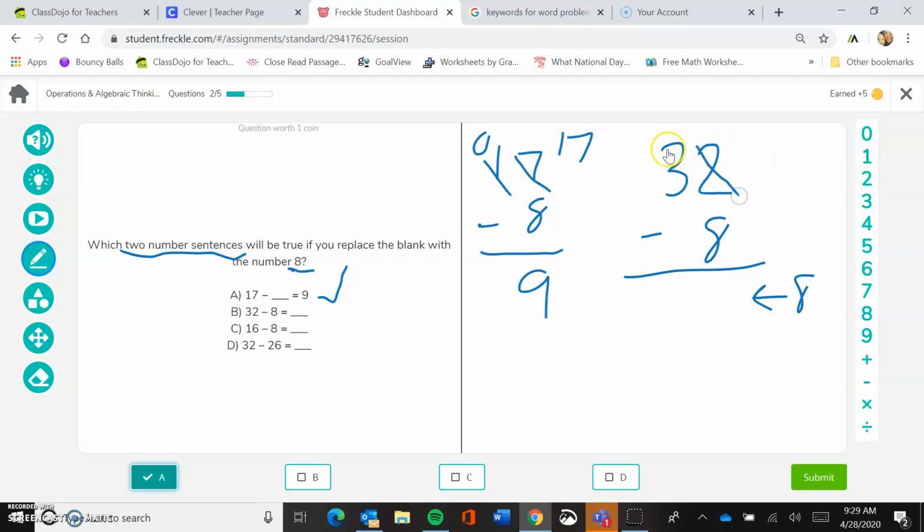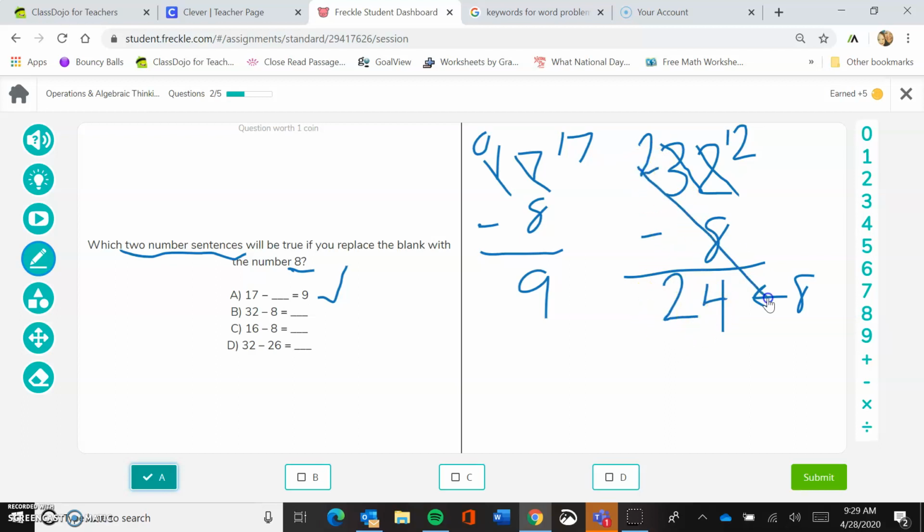So I need to borrow again, come to my tens, but take away a 10. 3 becomes a 2, and bring that 10 over to my 2 and my ones, and that becomes a 12. 12 minus 8 would be 4, and 2 minus nothing would be 2, so 24.